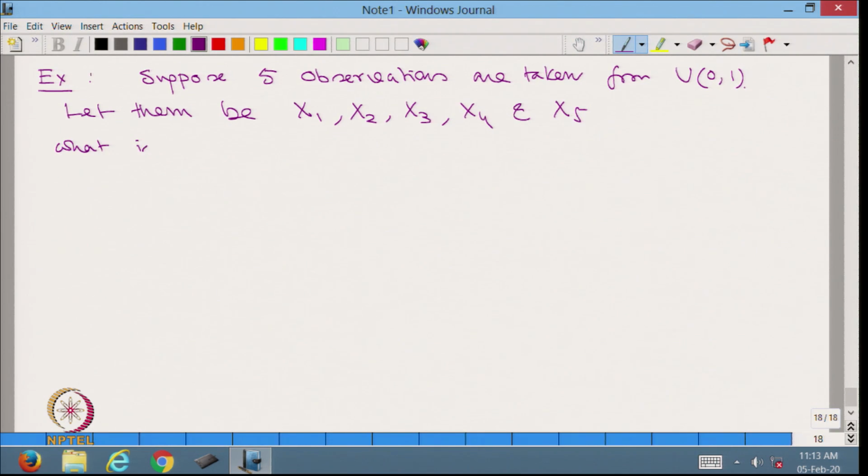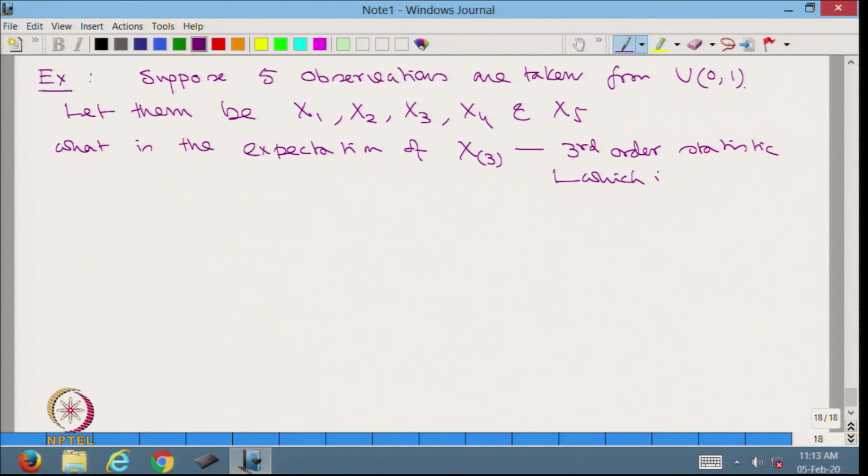What is the expectation of X3, that is the third order statistic, which in this case is the median?